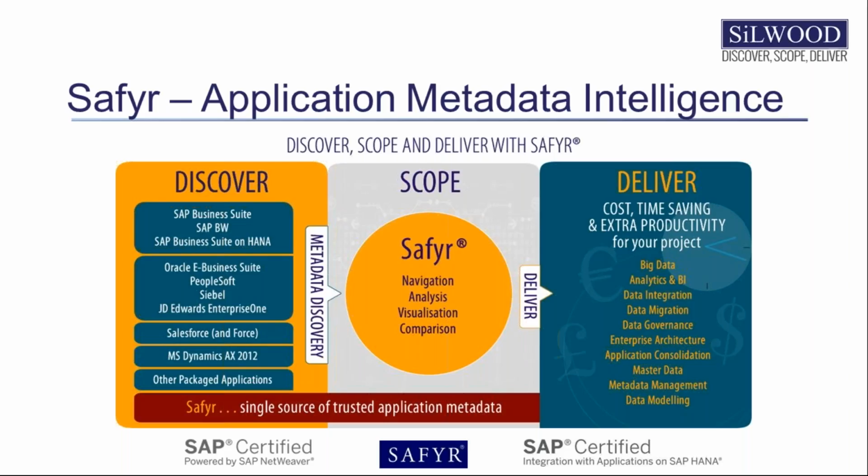So not only does it deliver that cost and time saving and extra productivity, but Sapphire doesn't live in a vacuum technically. The information that you glean from your metadata repository can be shared and communicated to other products and applications, to make that process as seamless as possible.